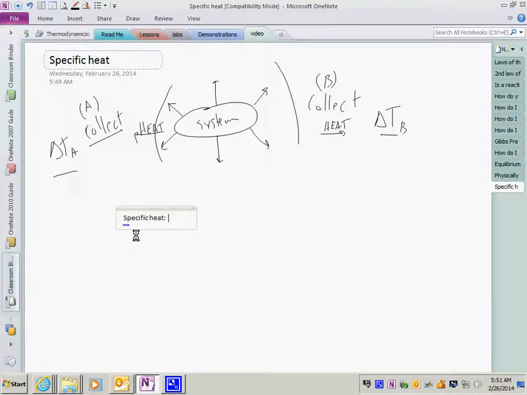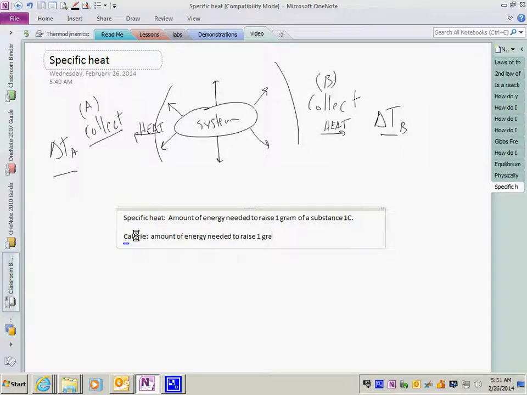Specific heat is the amount of energy needed to raise 1 gram of a substance 1 degree Celsius. And this also is, by definition, what a calorie is equal to: the amount of energy needed to raise 1 gram of water 1 degree Celsius.